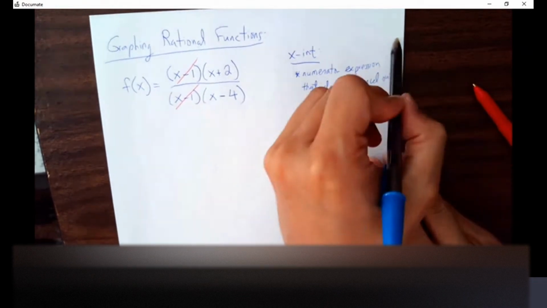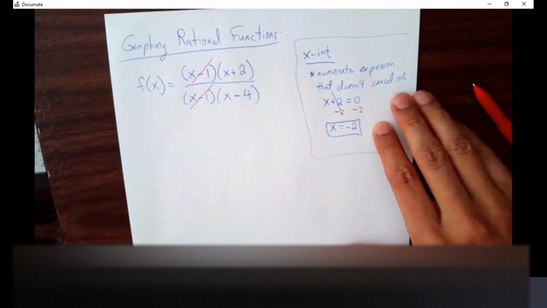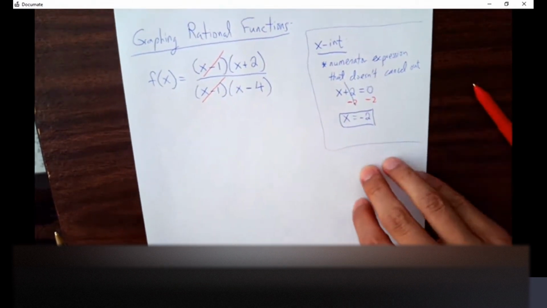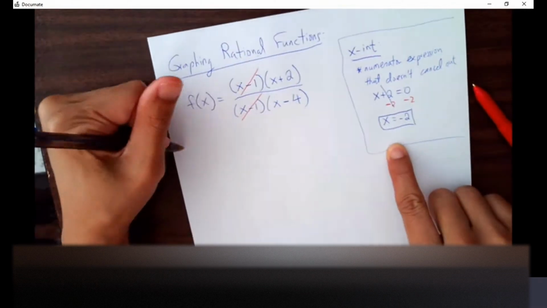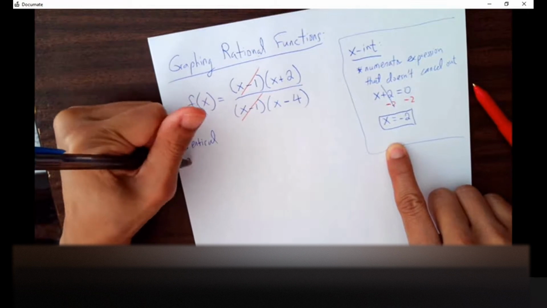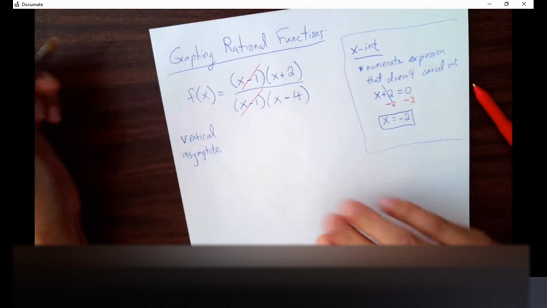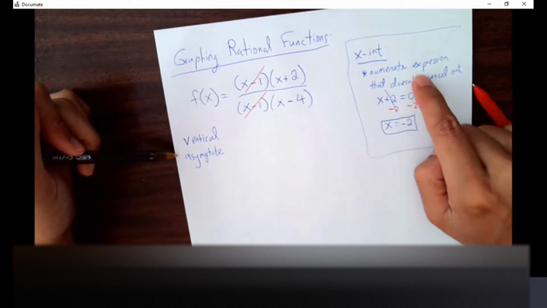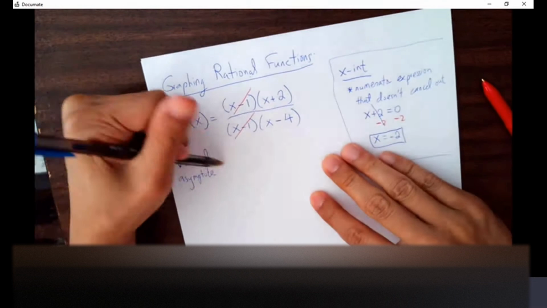So that's one property that we have to involve, and we'll come back to that. The next property we have to involve is something called the vertical asymptote. The vertical asymptote is going to be the denominator expression that does not cancel out.